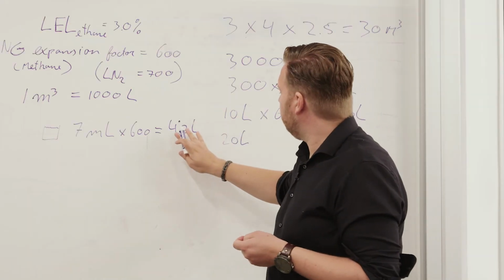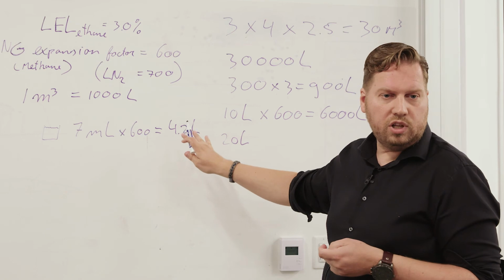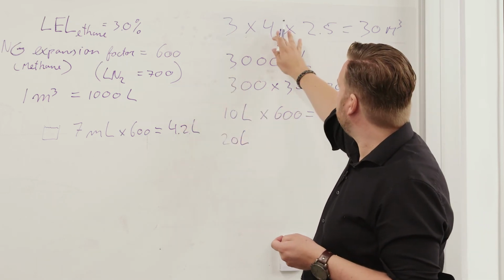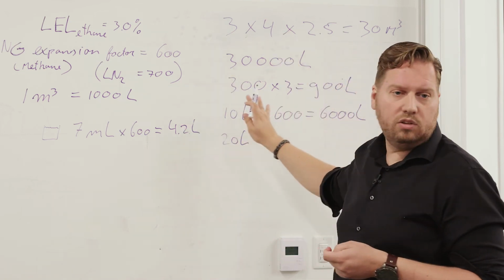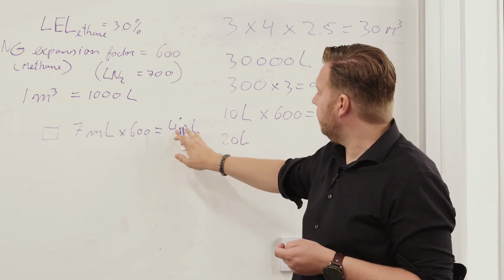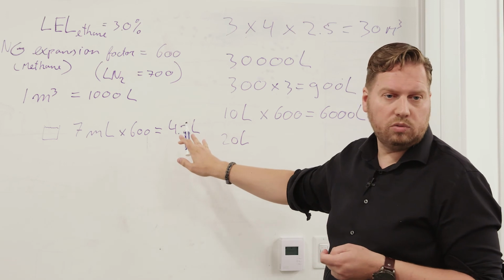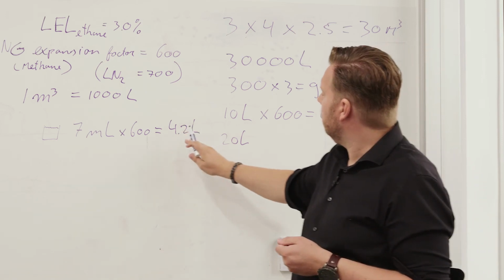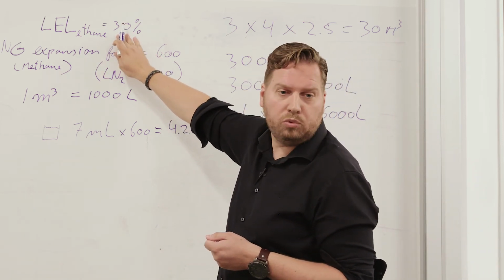If that goes into a complete lab, obviously this will never ever explode. So the smallest space in which this 4.2 liters will form an explosive hazard, again we have to calculate with 3%.